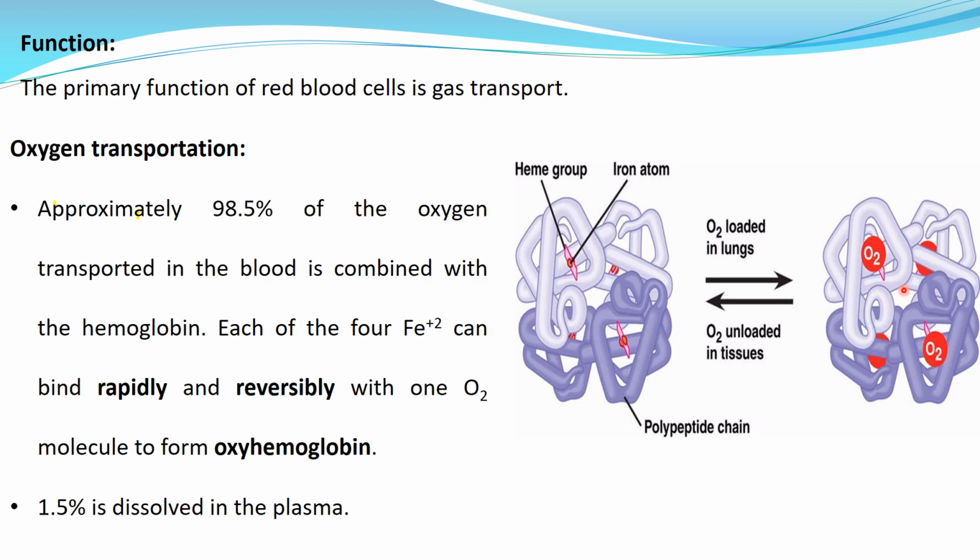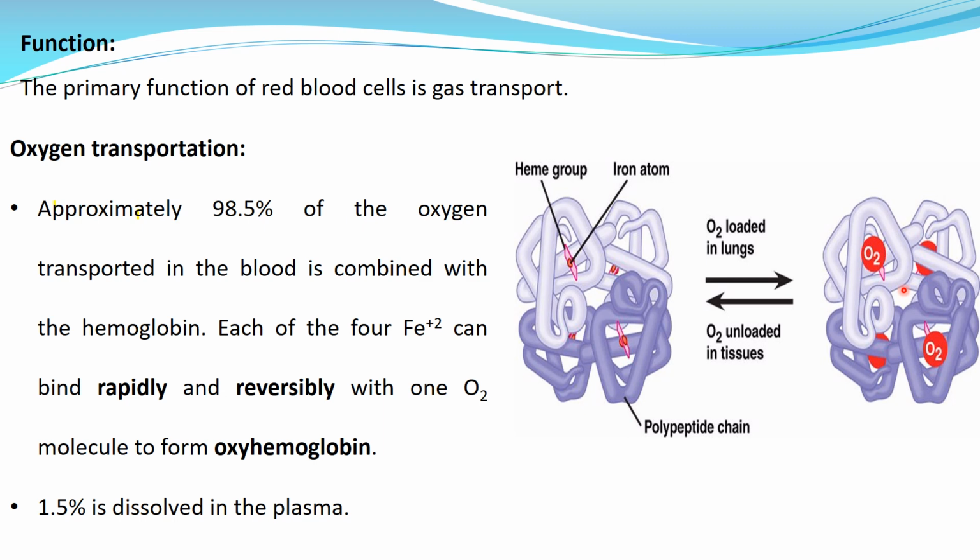It happens in a rapid and reversible manner. What we mean by rapid is that when there is a reduction in the partial pressure of the oxygen at the hemoglobin level, the oxygen directly combines with the hemoglobin to form oxyhemoglobin. And why is it reversible?